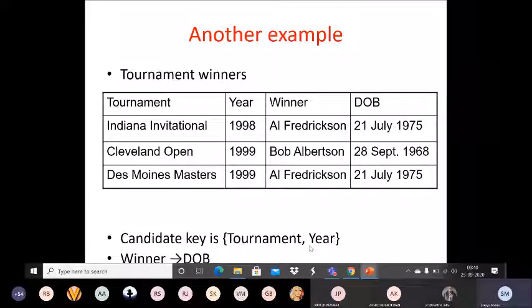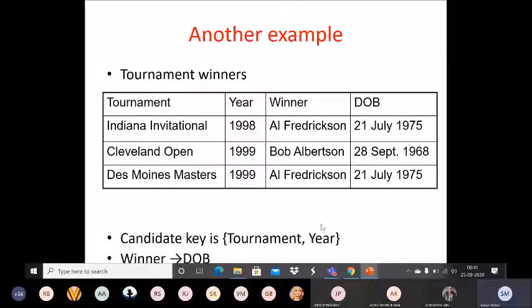But to make it BCNF, tournament and year both should determine something. Again, in this table, if tournament is determining something, we can still say it's in 3NF. Why? Because a part of your candidate key can determine something.